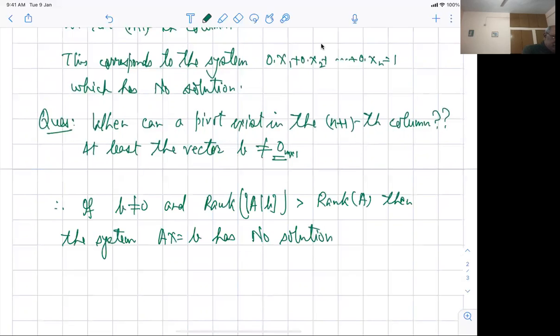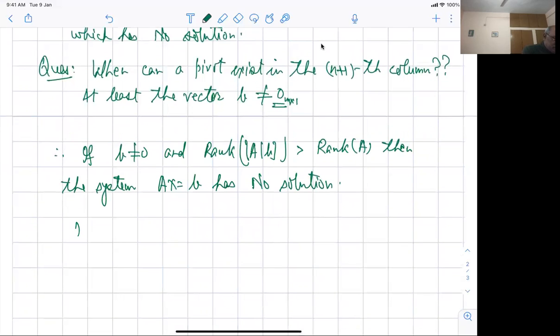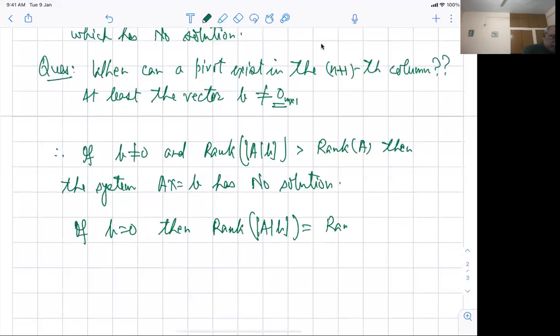I also want you to understand that if b is 0, then the rank of [A|b] has to be equal to the rank of A, because there are no extra columns to consider, as everything is 0 there, so I cannot get any pivot in that part.